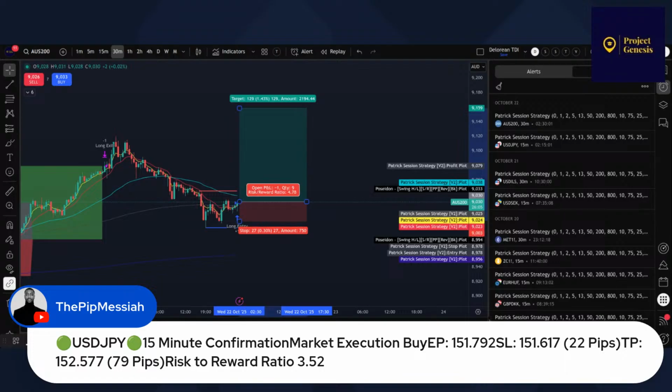And take profit at 91.59, 129 pips. 4.79.